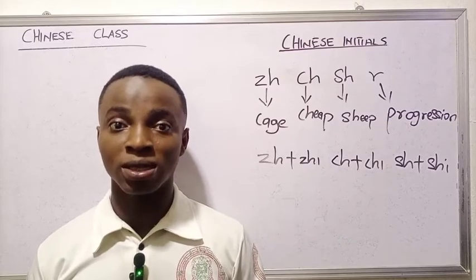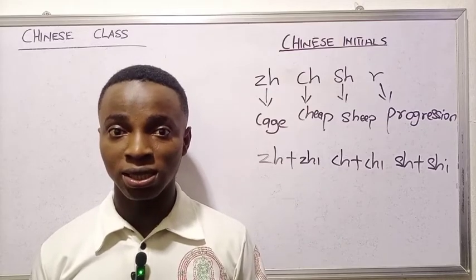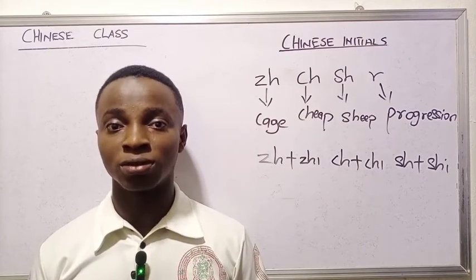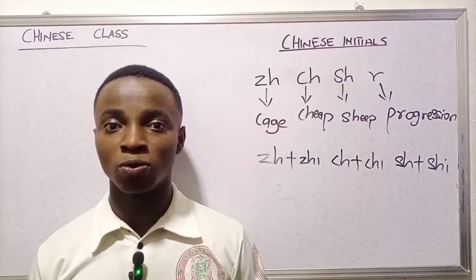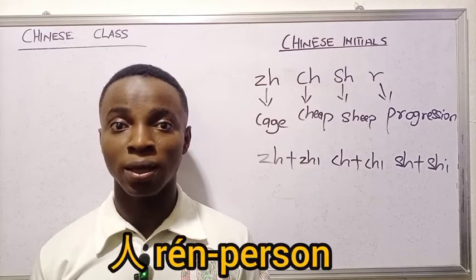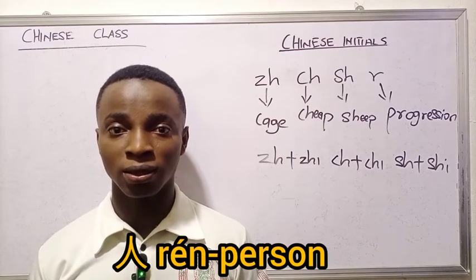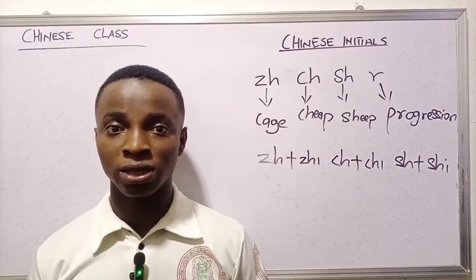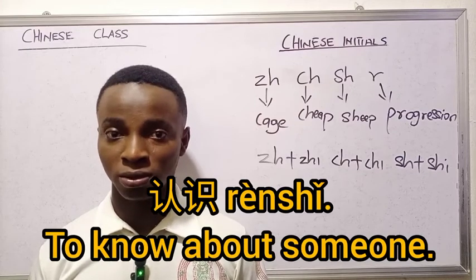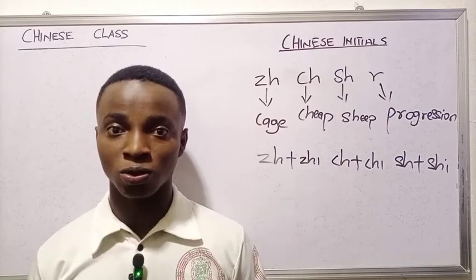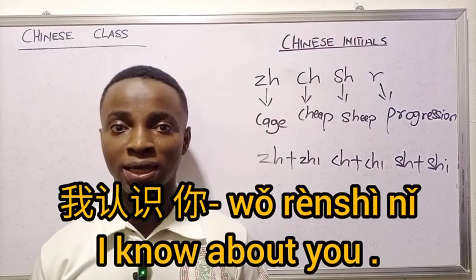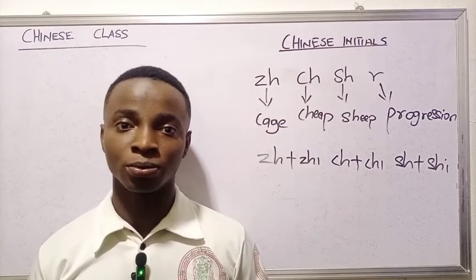If the place I am in is very hot, I can say 这里很热. Beautiful. Then another popular word, 人, meaning person. 认识, to know a person. 我认识你, I know you. Now let's quickly review these new vocabularies and then round up.